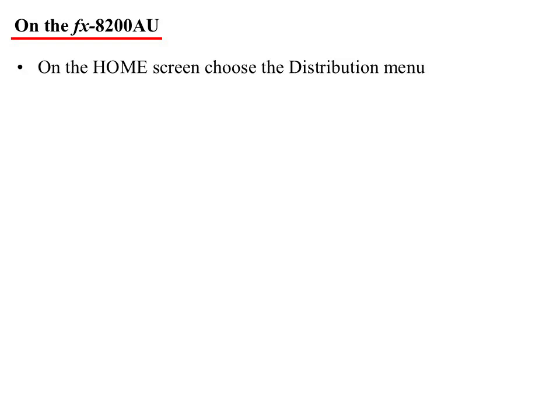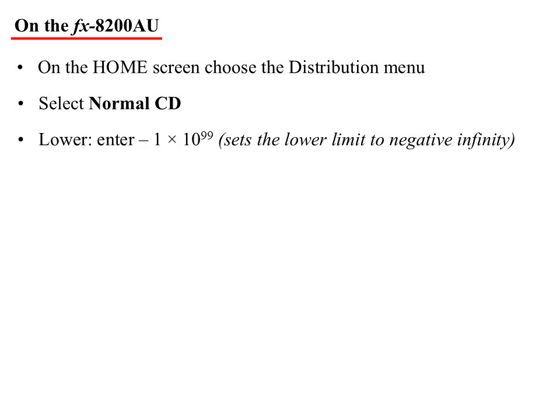Ready? Okay, on the home screen, choose the distribution menu. Then select normal CD, because you're saying I want the normal cumulative distribution. Then you need to tell it what the lower end of the data is. Now of course you can't enter in negative infinity, so just put in a really big number like -1 times 10 to the 99, so that's really small.